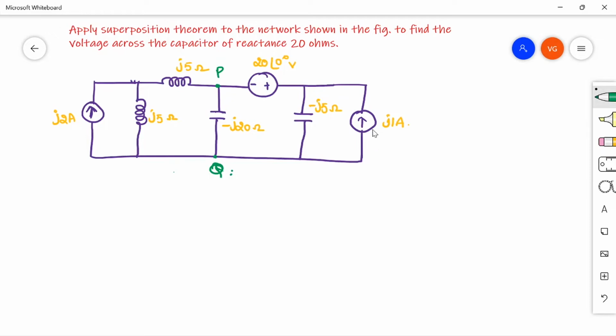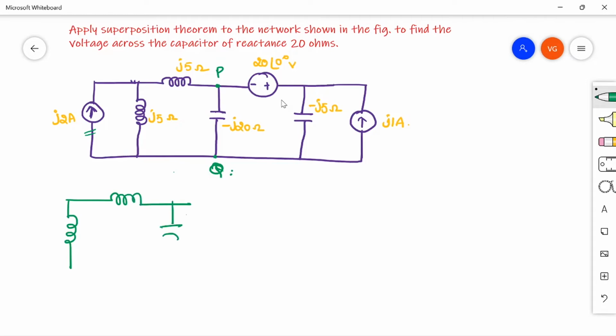Now consider another source. So let us consider the j1 ampere source and replace the other two sources with their internal impedance. So this current source has to be open circuited, and the voltage source, this 20 volt voltage source, has to be short circuited. Then the circuit looks like this. As I am opening this current source, no need to draw anything there.